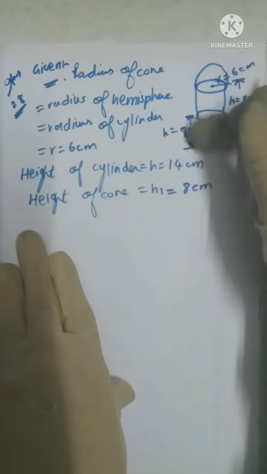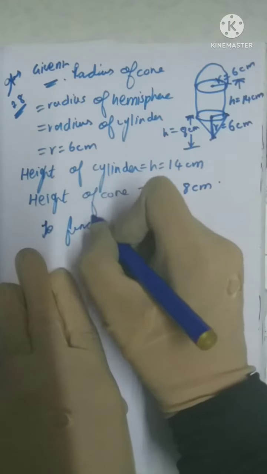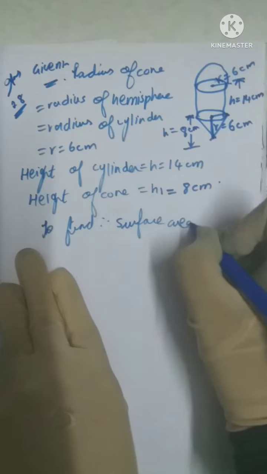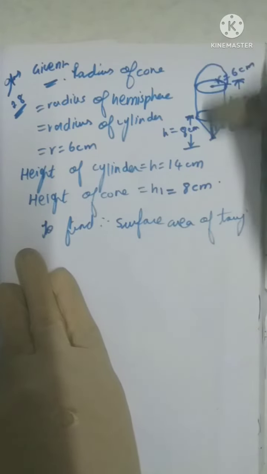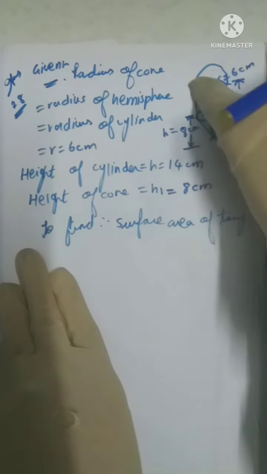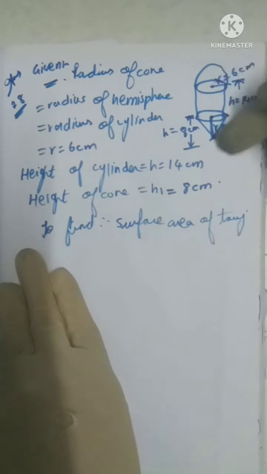Now it is telling me in the question to find out the surface area of the toy. Surface area of toy means from the outside, how will it look? These bases will not be visible from the outside, right? This is my base and this is my base. It is wholly covered.